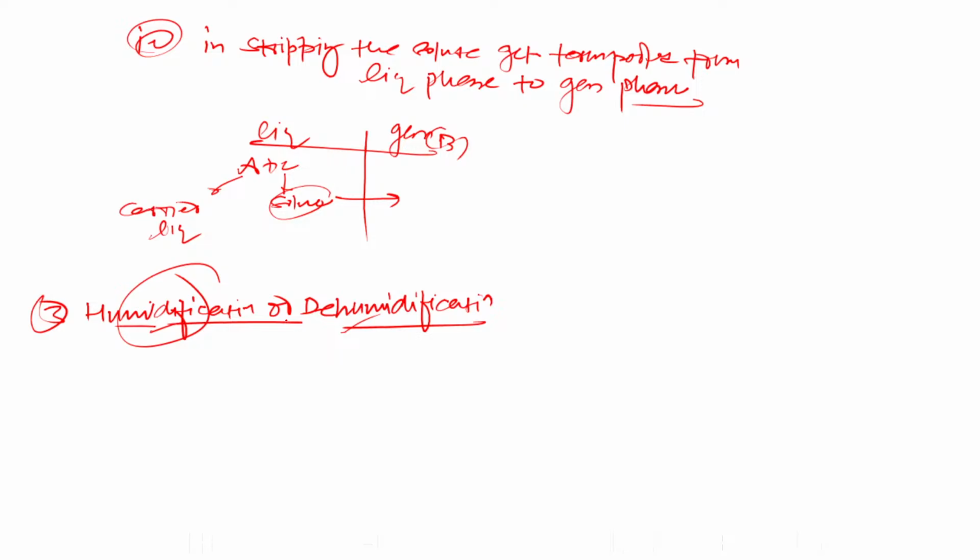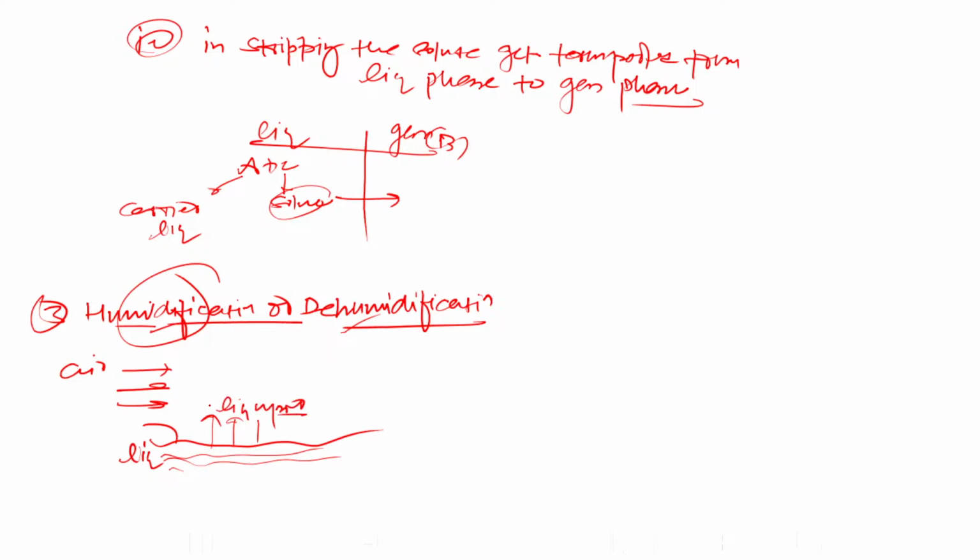That's called humidification. For example, suppose there is a liquid surface, just like a glass of water here. That's the liquid. Here is the liquid surface, and here air is flowing over it. This is the air. What happened? The vapor of the liquid gets transported from the pure liquid to the gas medium.